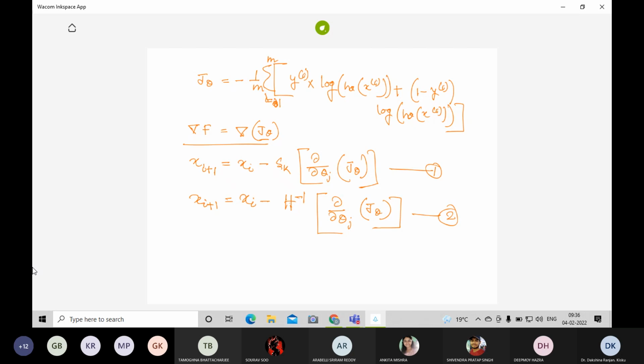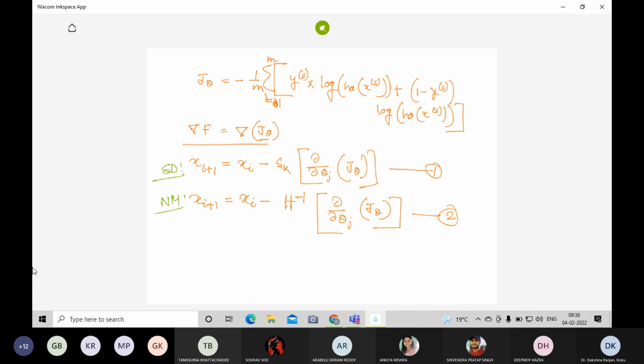So this is our steepest descent, or SD, and this is Newton's method, NM. We can plug this gradient of J theta in both these equations, in steepest descent as well as Newton's method.